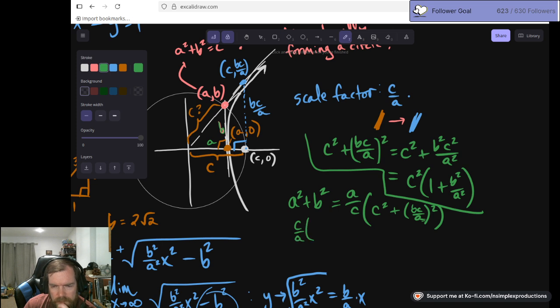Or, again, c over a times a squared plus b squared. But none of this is helping.